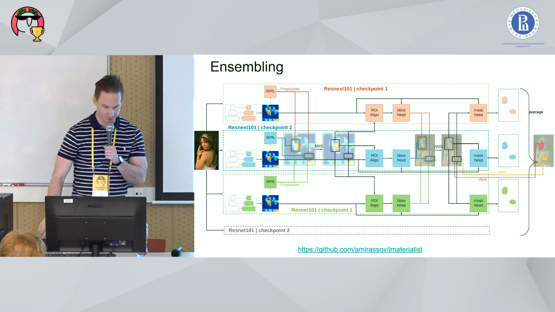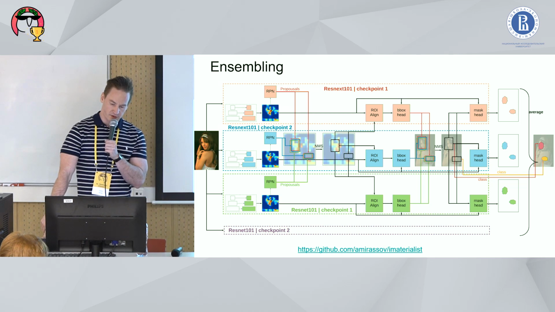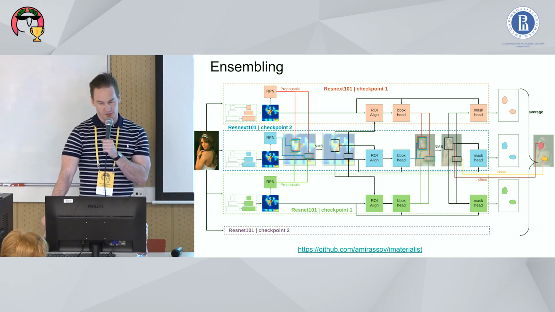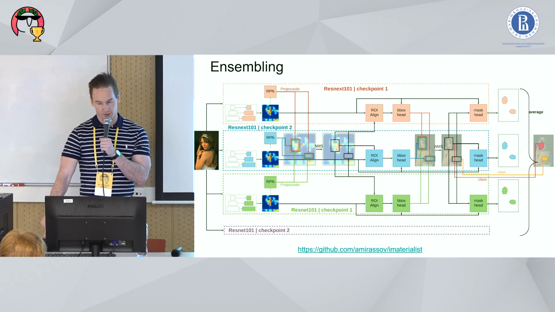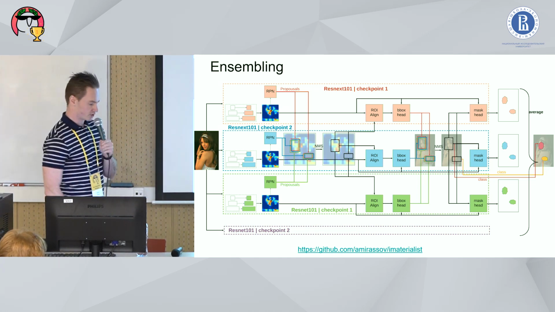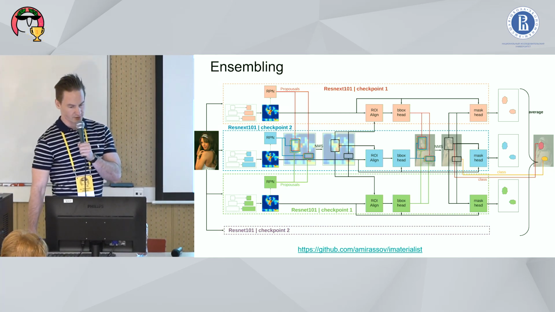And also, this is my ensemble technique. Actually, it's not mine. It was proposed by Miras Amir in the iMaterialist competition. In this approach, you take every augmentation or every checkpoint of your model as an independent model. At each step, you split your model into parts.